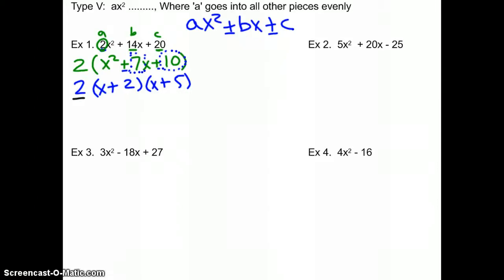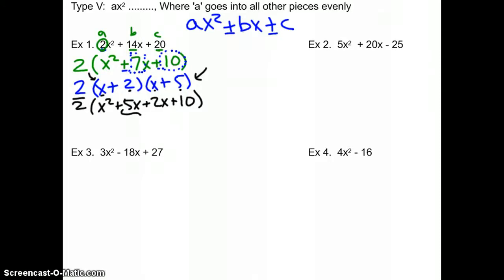So for the first example, let's just multiply and do my FOIL first. X times x are my first terms, gives me x squared. My outer terms, x and 5, give me 5x. My inner terms, 2 and x, 2 times x is 2x. And then my last terms, 2 times 5, gives me 10. Maintain my parentheses around that.